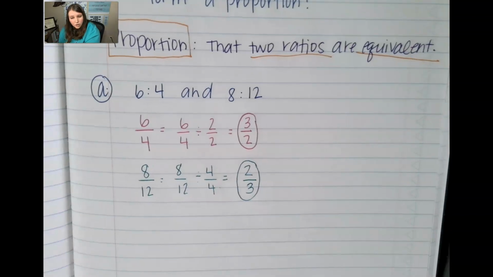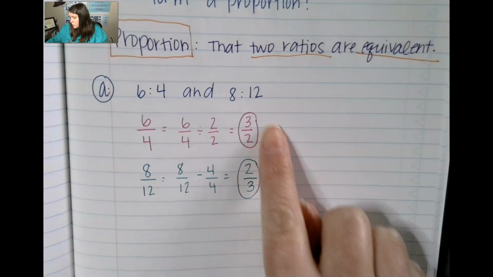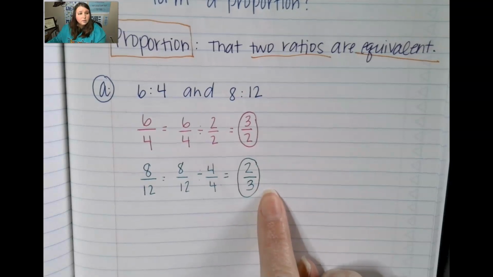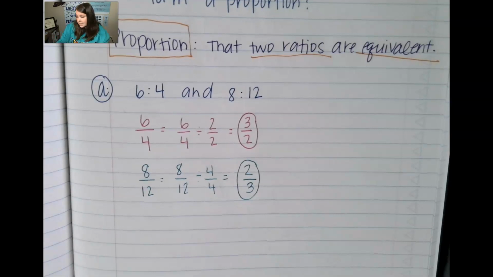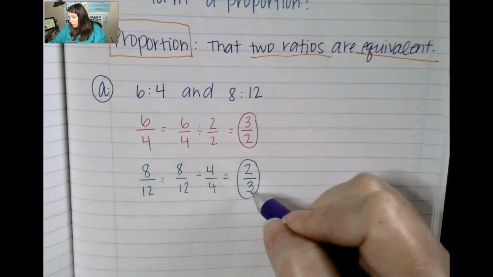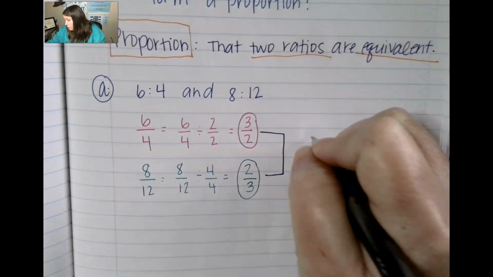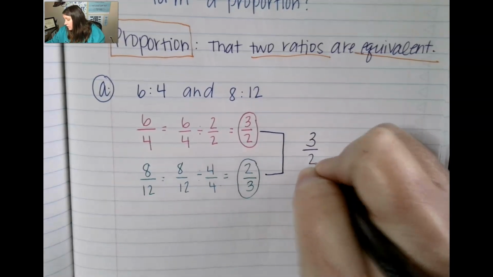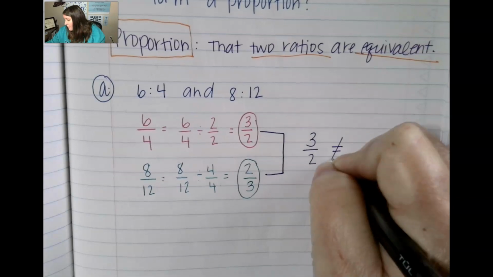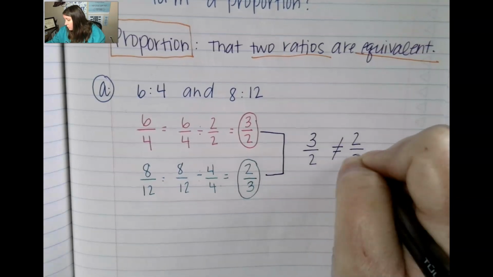Here's where the proportionate part comes in. We found the value of the first one. We found the value of the second one. When we look at this, you can see that 3/2 is not equal to 2/3.